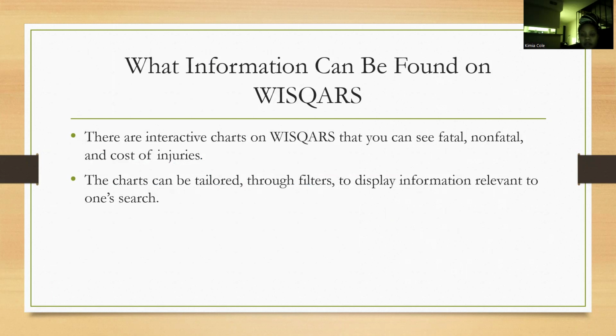There are interactive charts, as I previously mentioned, on WISQARS where you can see fatal, non-fatal, and cost of injuries. The charts can be tailored through the filters to display the information relative to your search. So you may be looking for something specific to a state, to a certain age group, for a certain injury, whether fatal or non-fatal, or you could be looking at the cause of the injuries or the years of potential life lost that you could get on there as well.